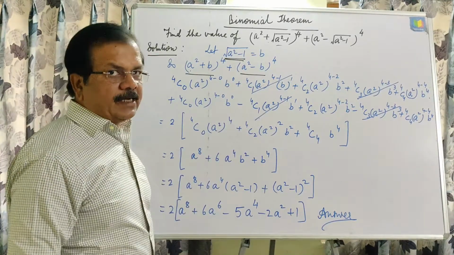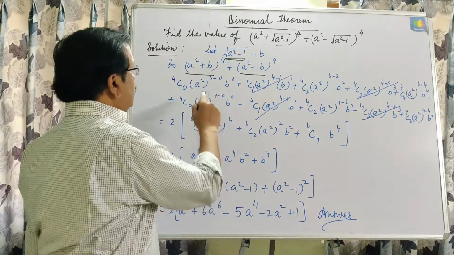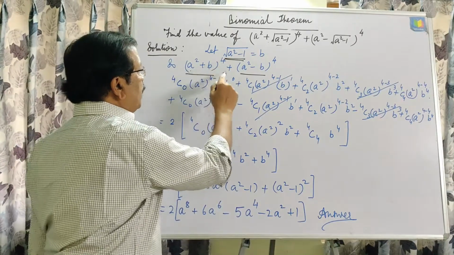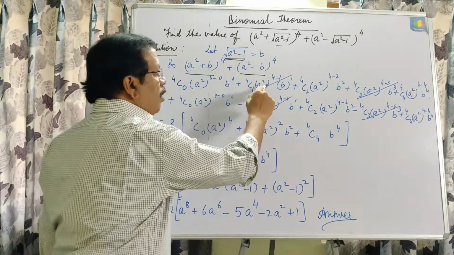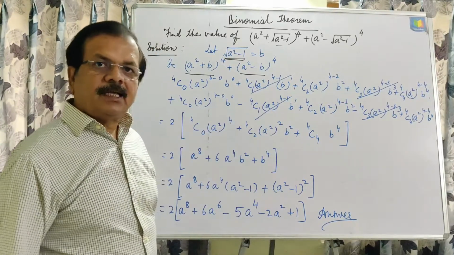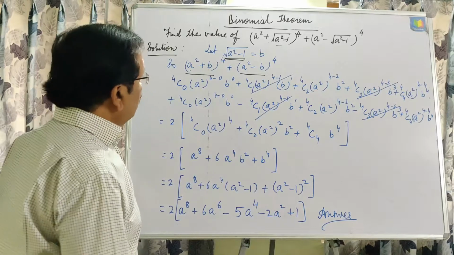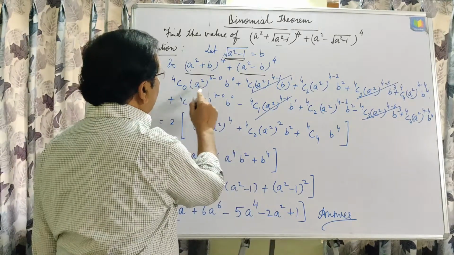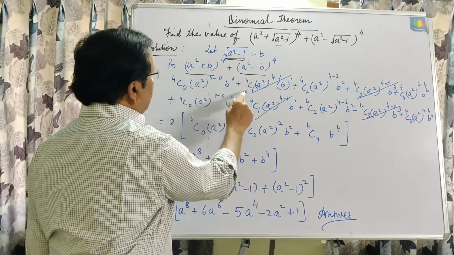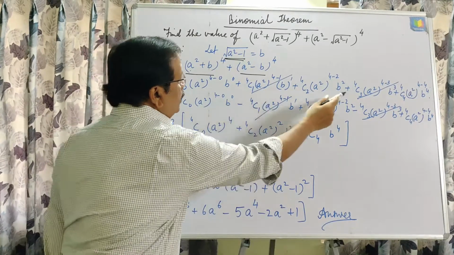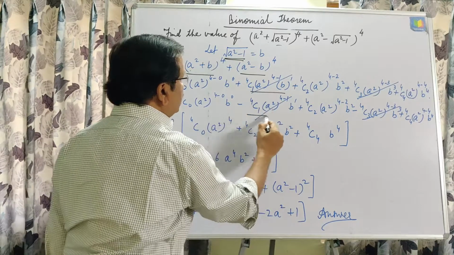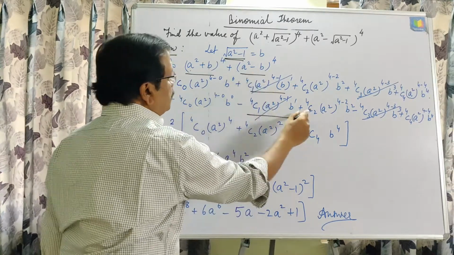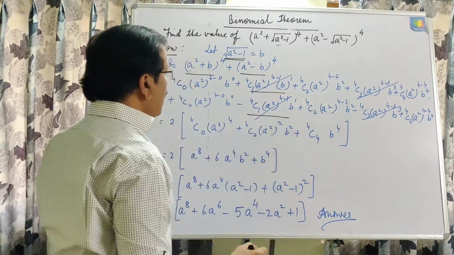You can write directly also, because you know that in (a + b)^n + (a − b)^n, the odd number terms will be cancelled. You can write directly also, but here we are expanding, and after expanding we can see that the odd number terms are cancelled this way, because this is positive and this is negative, same term, positive and negative.